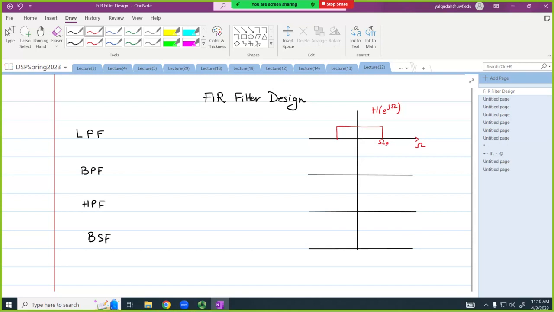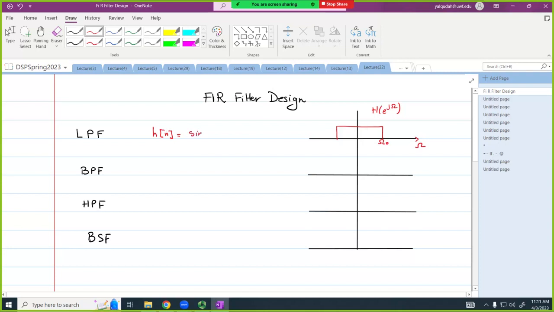And if this is the frequency response of our filter, what is the impulse response of this filter? Anybody want to guess? A sinc.